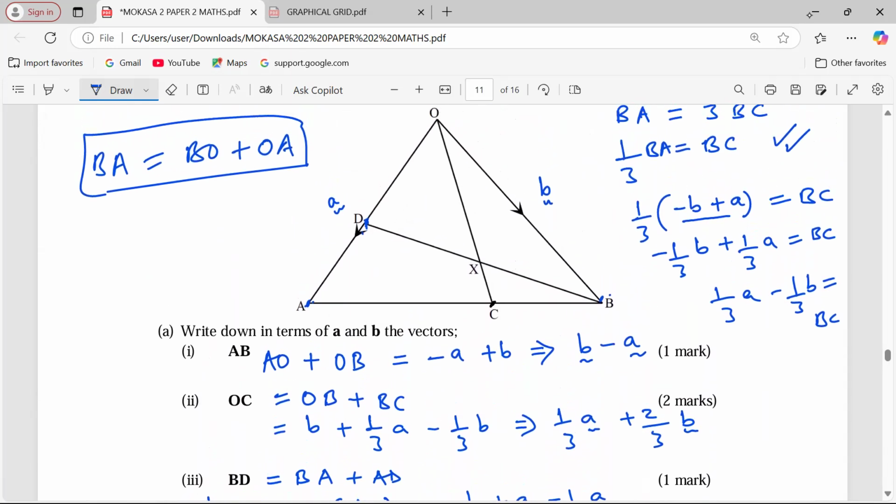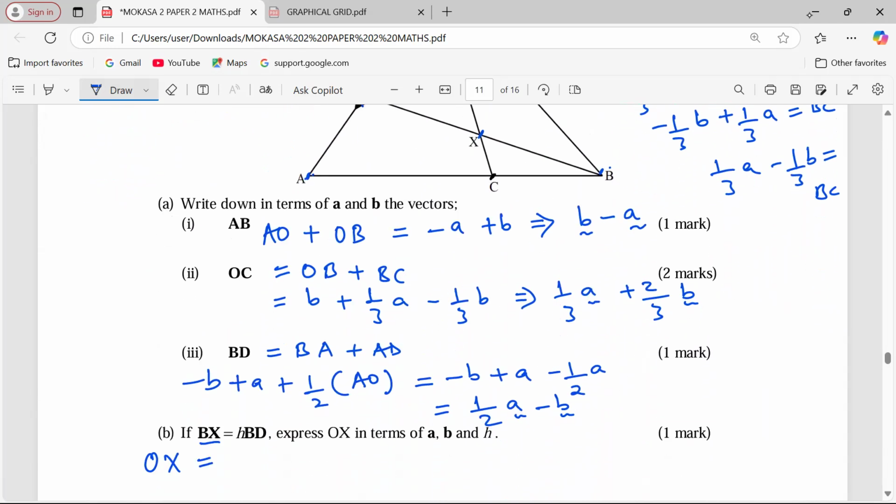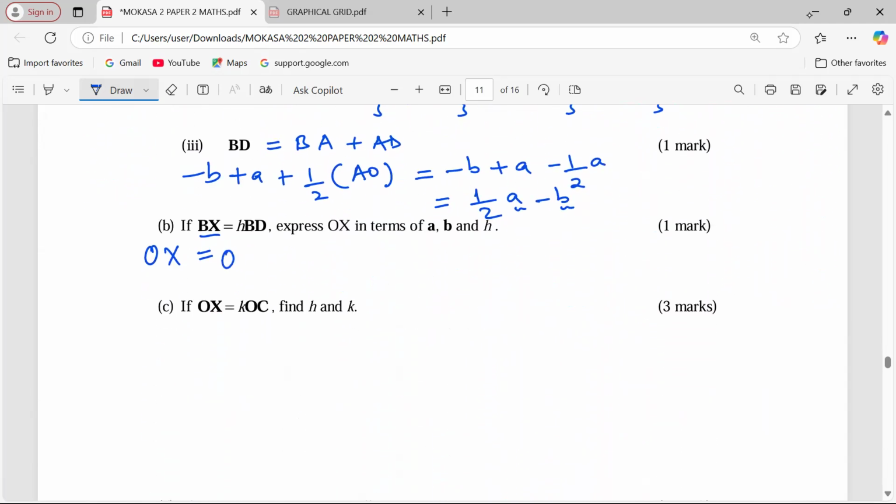We express OX from O to X by passing through A, so we need OA plus BX. OA is vector A plus BX, which is H times BD, and it's up there.